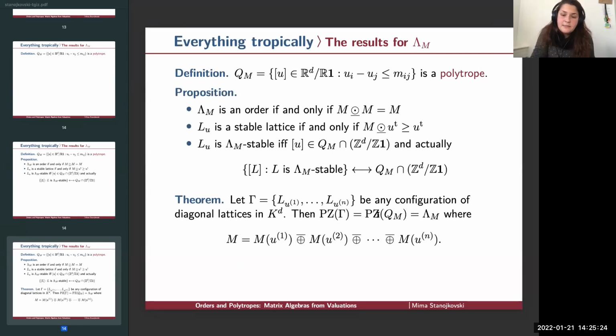Good. And of course, from a collection of lattices, you can define the Plesken-Zassenhaus ring and then compute the stable ones, but also you can recover the ring from the stable ones. So this is a way of going back and forth.